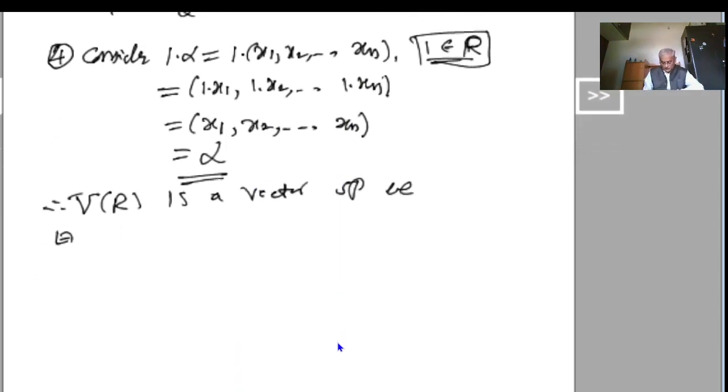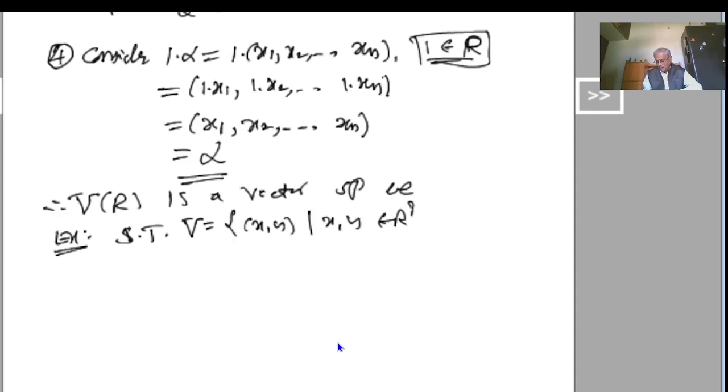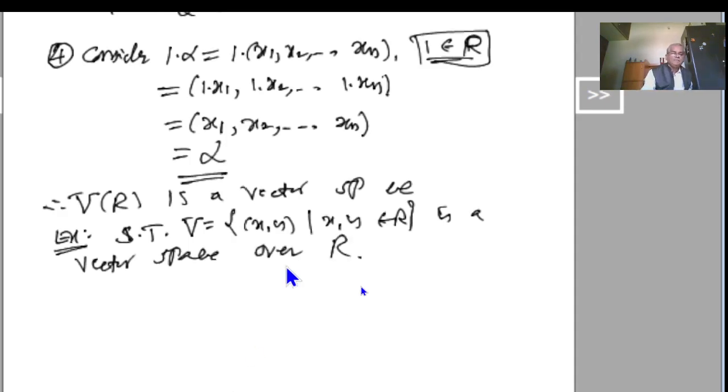Similarly, we can prove here: show that V equal to (x, y), where x, y belong to R, is a vector space over R. Similar example, okay?